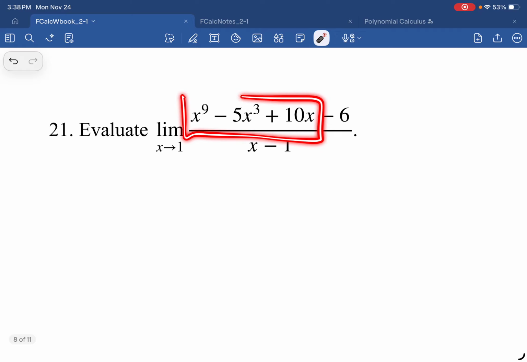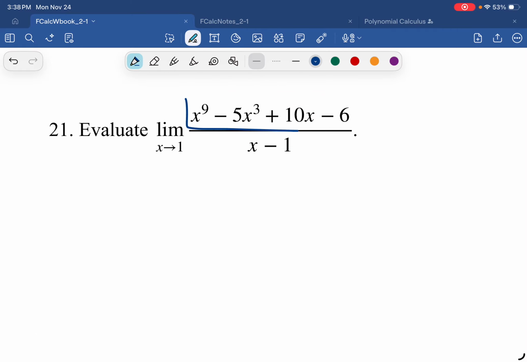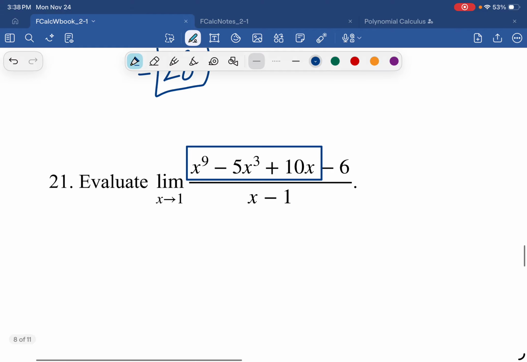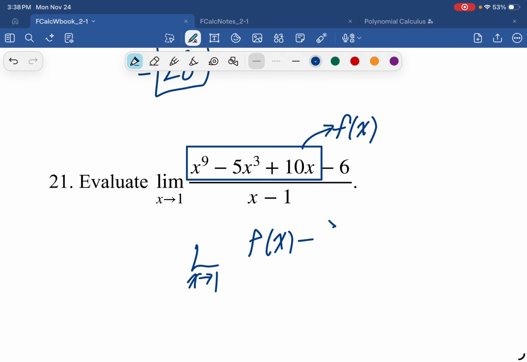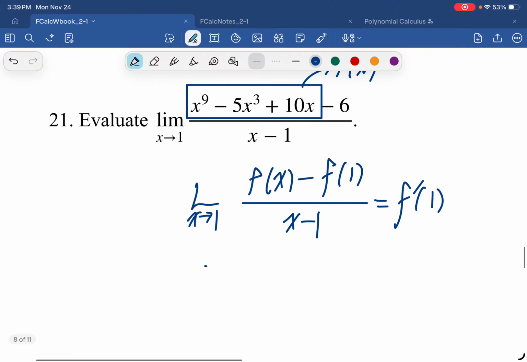So if you set this expression as f of x, then what you have here is the limit as x goes to 1 of f of x minus, since we know that f of 1 equals 6, right? f of 1 is just the sum of all the coefficients, over x minus 1. And suddenly this gets very simple, because this is the literal definition of f prime of 1.